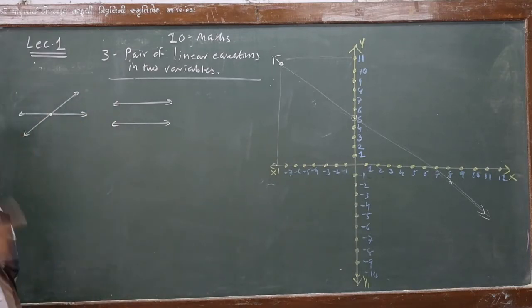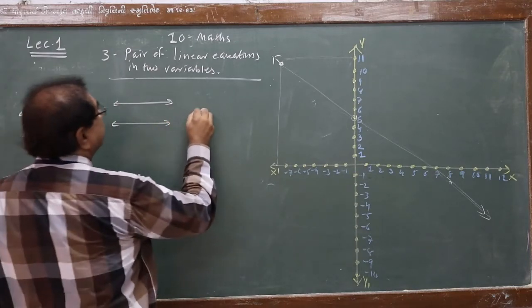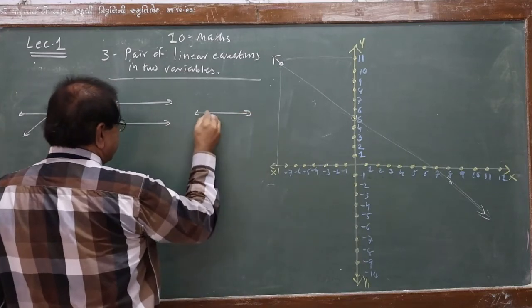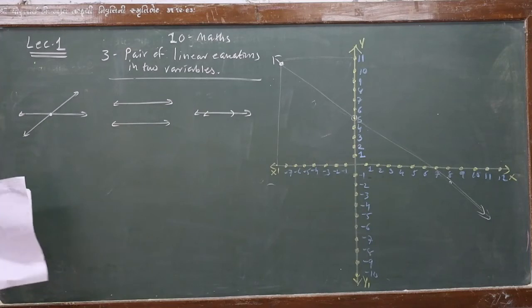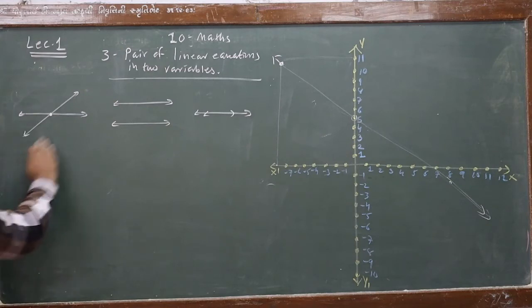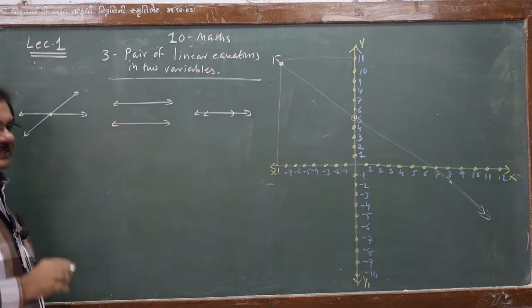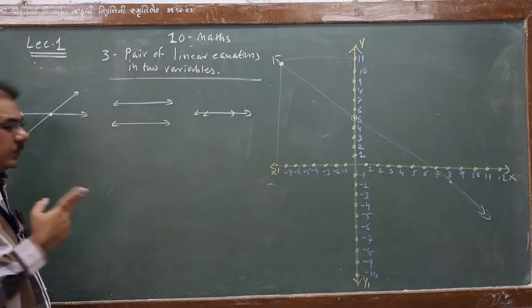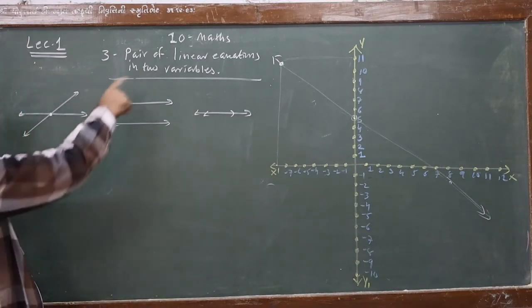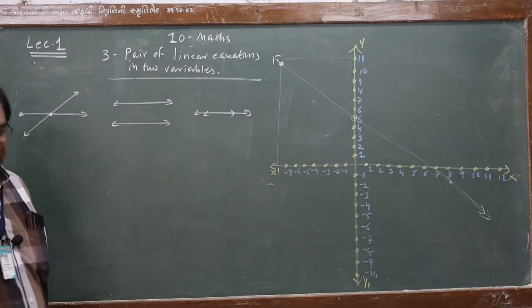That means they are parallel. And number three, both the equations represent the same line. That means they are coincident. They are falling on one another. So these are the three different possibilities when we draw two lines for a pair of linear equations in two variables on the same graph paper.